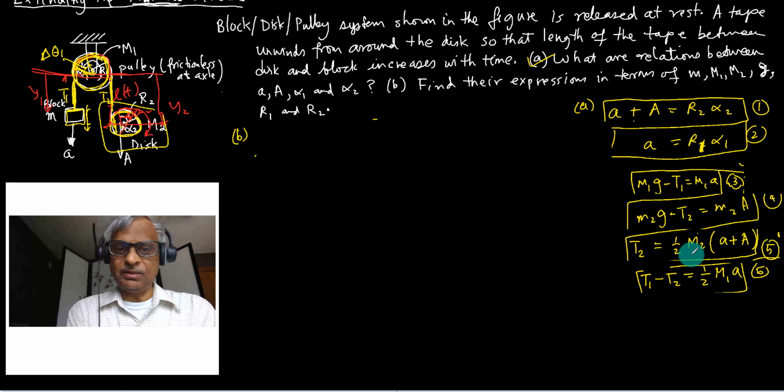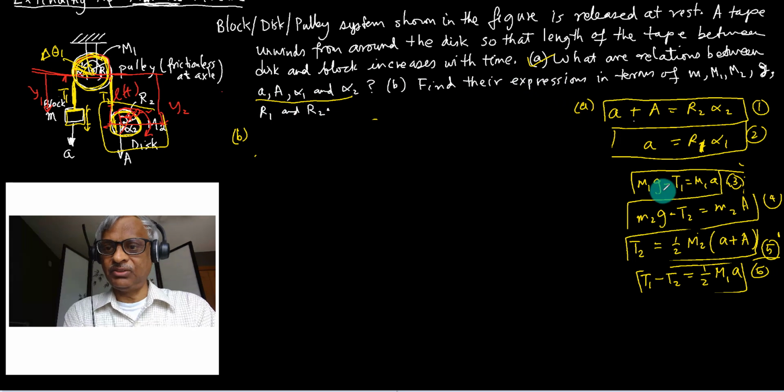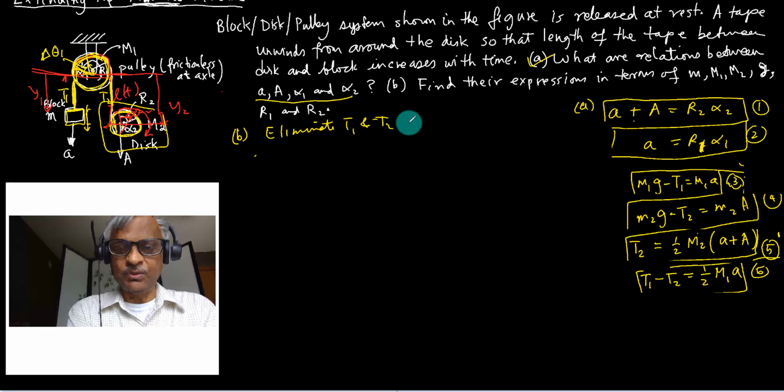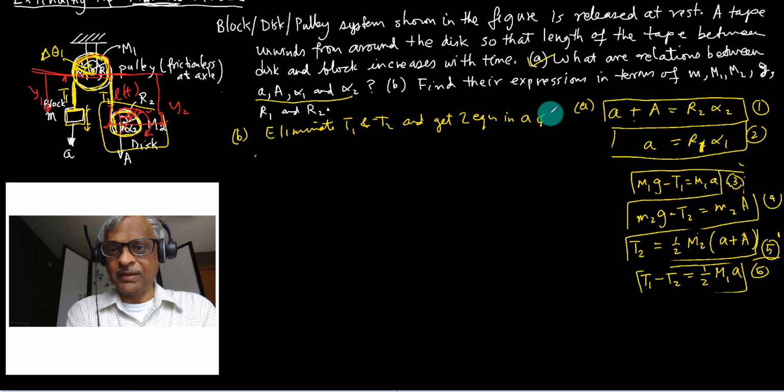We can see that we want to find expressions for the accelerations, and we're not interested in tension, so we'll eliminate T1 and T2 and get two equations in A and capital A.